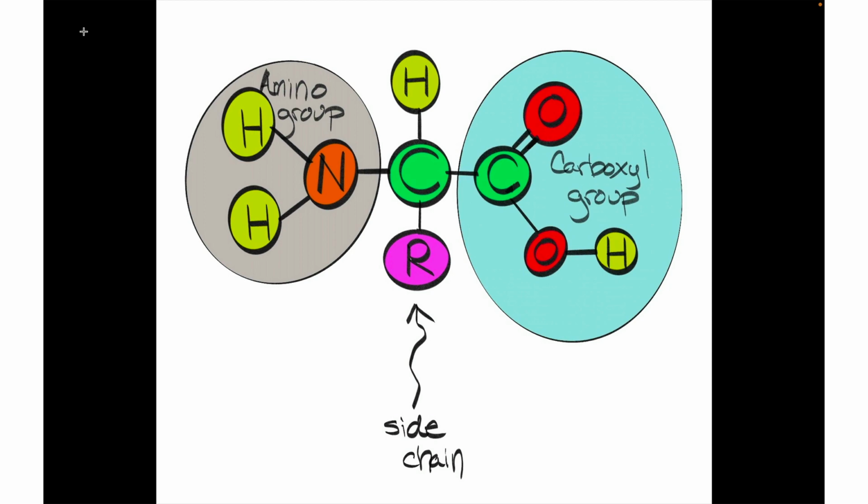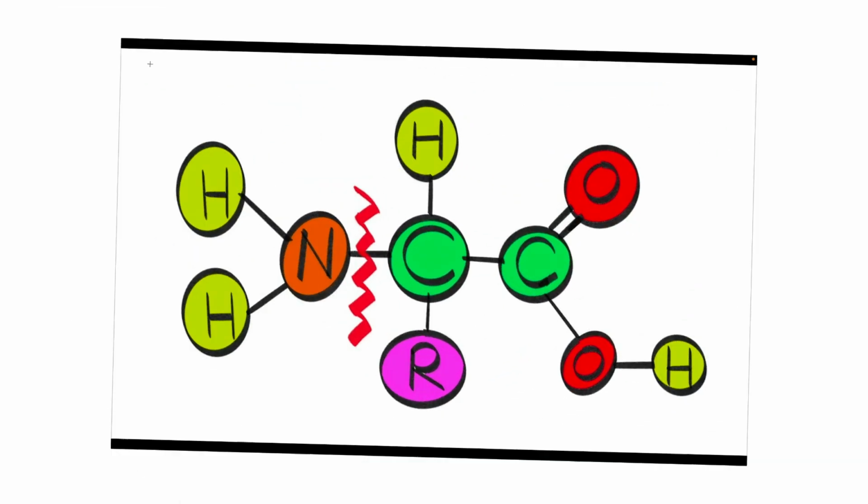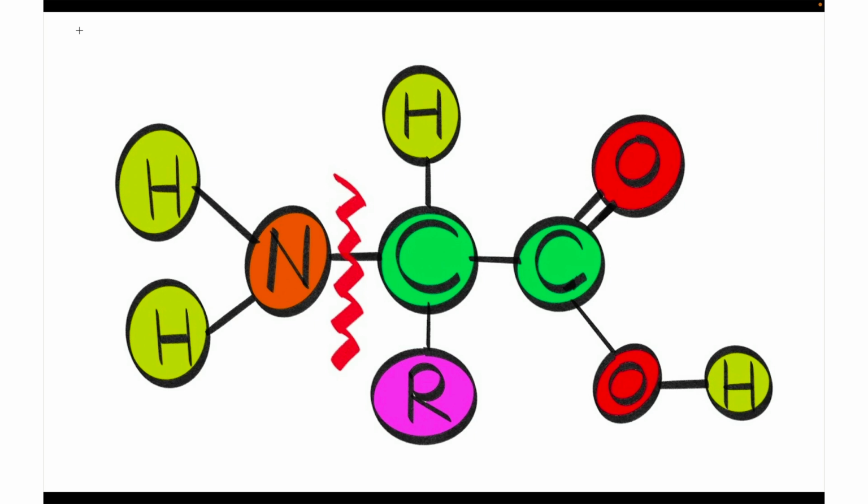Deamination gets rid of the amino group from the amino acids. And once again, only 60% of all the 20 amino acids in our body can be used to make glucose. Deamination is going to cleave the bond between the amino group and the remaining carbon skeleton, the side chain and the carboxyl group.